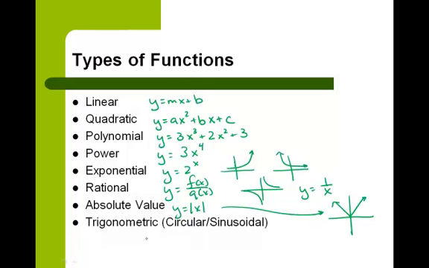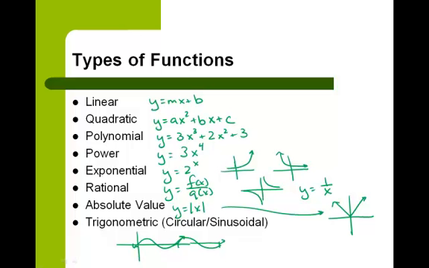And trigonometric or circular or sinusoidal functions are those functions that we're familiar with that have a repeating function that can go on, and it has cycles or sinusoidal graphs.